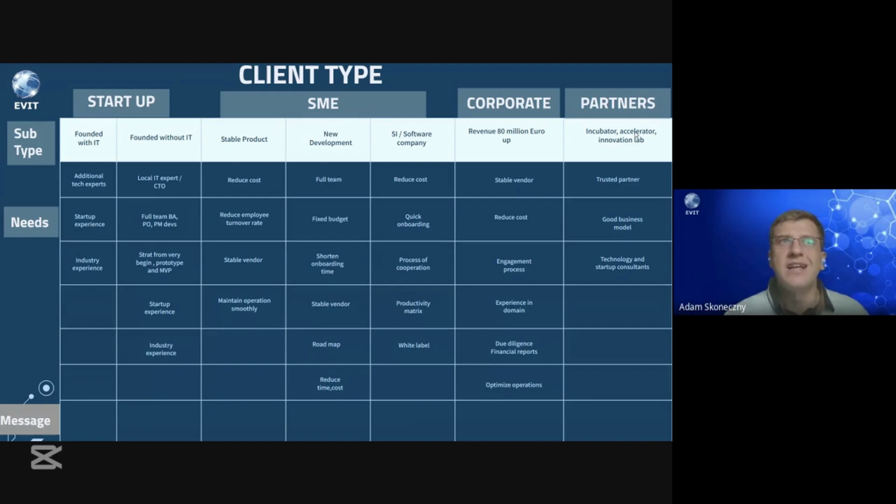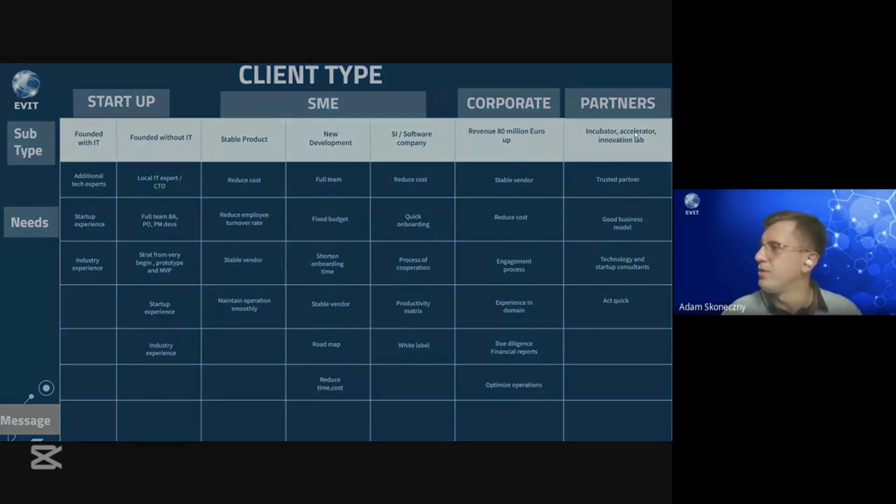If you are a good consultant with experience in the domain, in the industry, that could be a key factor to help you win the partner. They also want you to act quickly. Whenever they introduce you to someone, they want you to be able to go right away, discuss with the client about their needs, help win the deal, and so on.